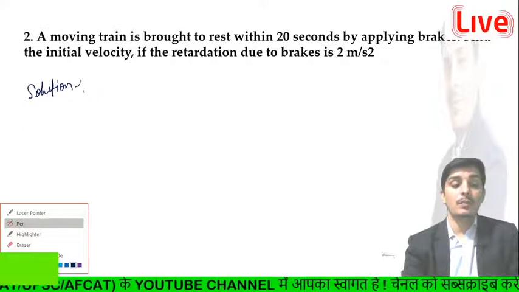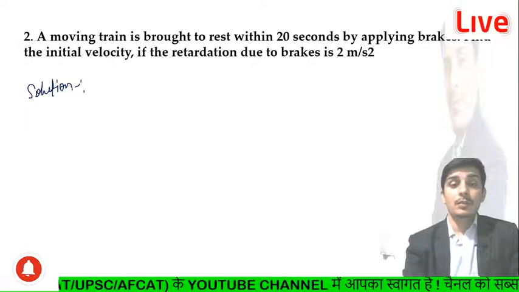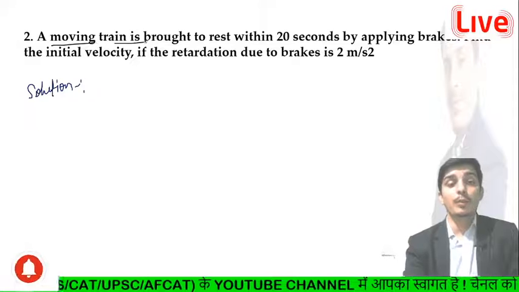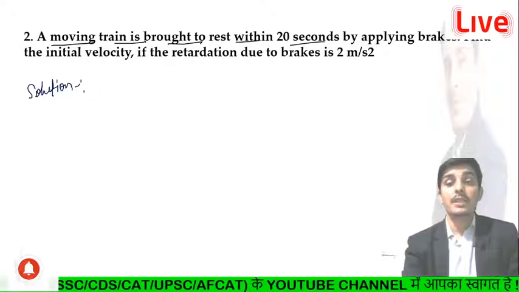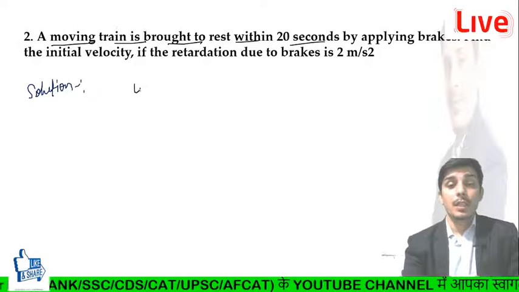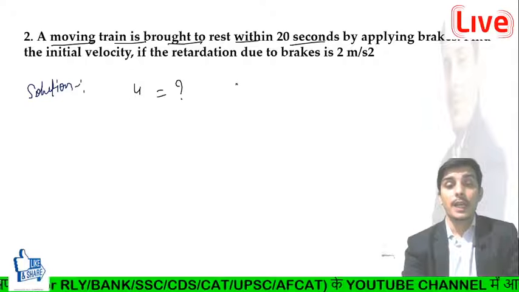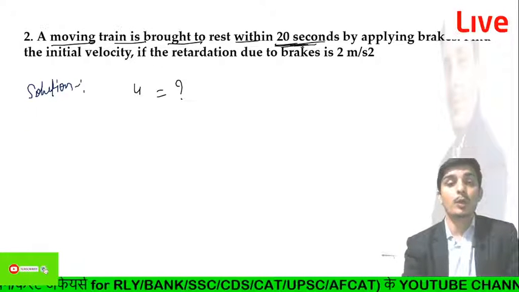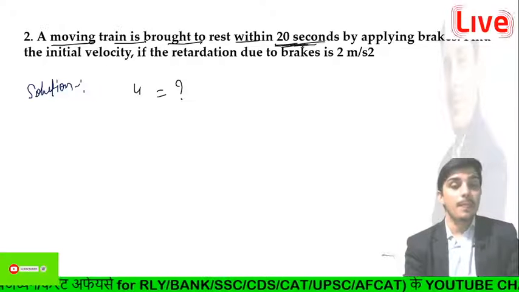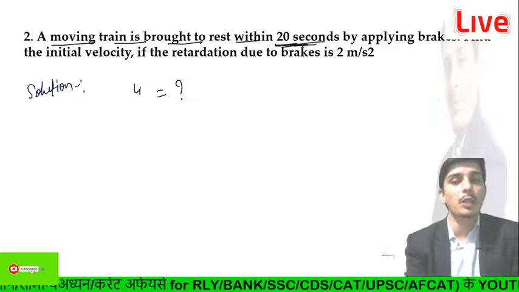The question is saying that a moving train is brought to rest within 20 seconds. It means the initial velocity is not known, because we have to find out the initial velocity.